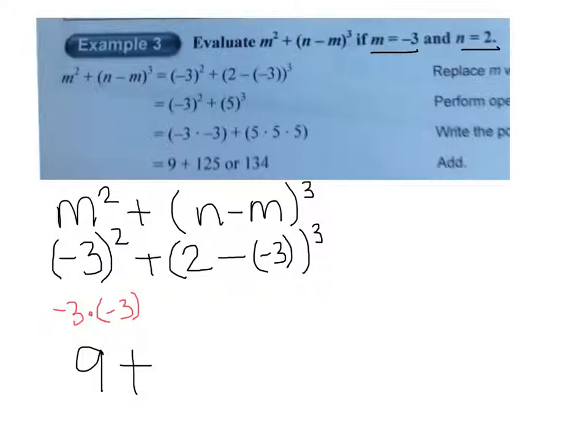And we have 2. This double negative makes a positive. That double negative becomes +3. Close parentheses raised to the third power. So we actually have 2 plus 3 is 5.